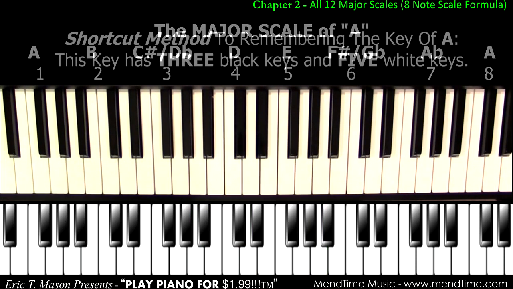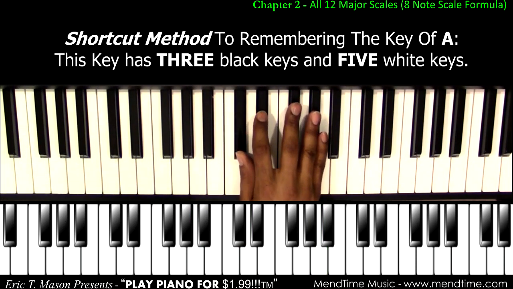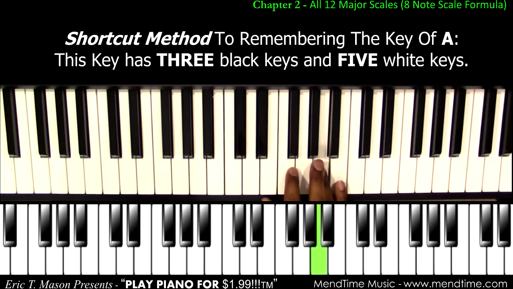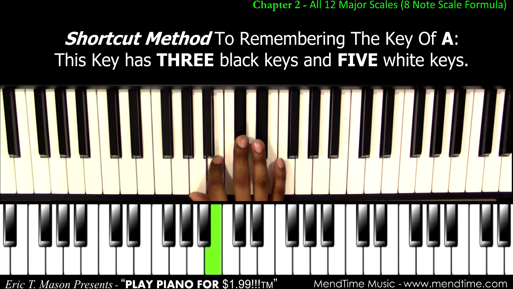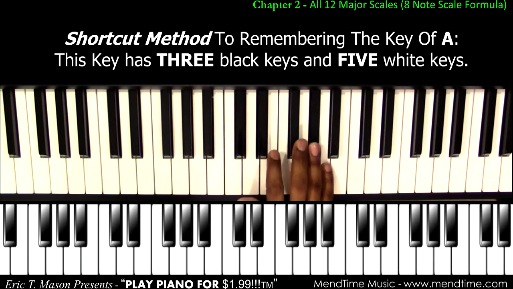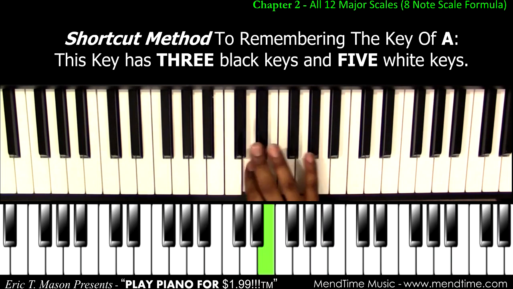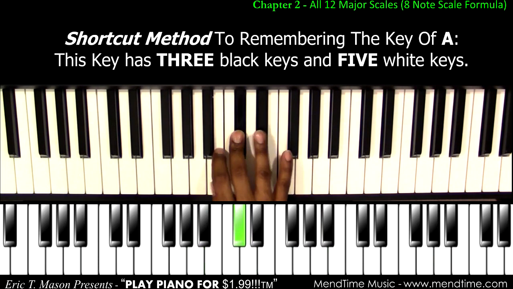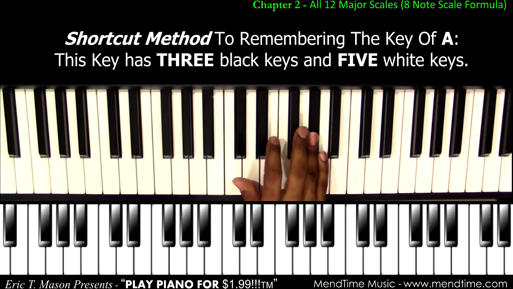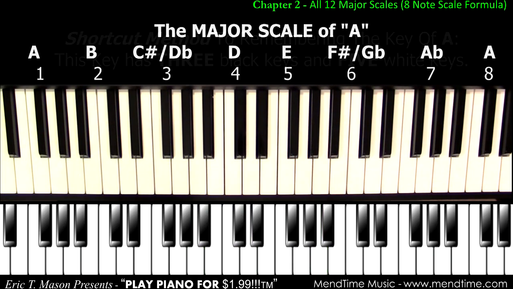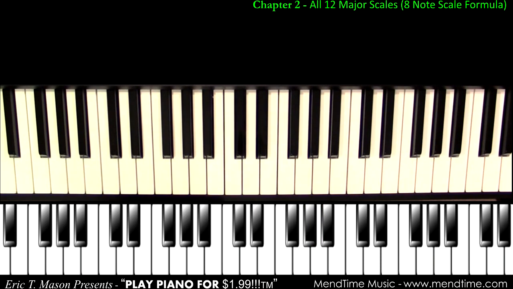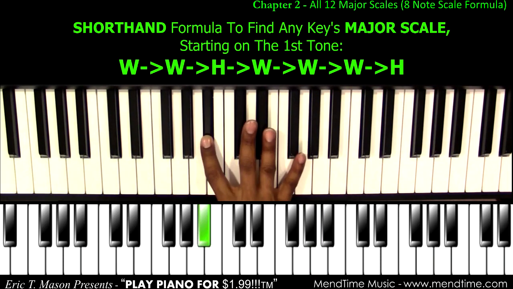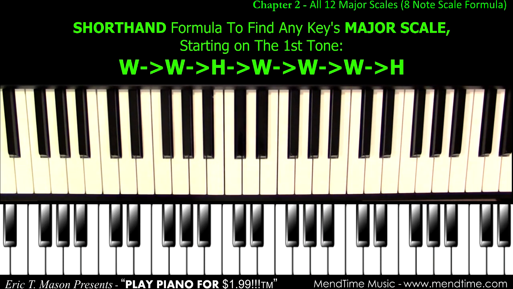And just as a point of reference, we have 3 black notes in the scale of A, and the rest are white. Now we're going to move on to, almost done, A sharp, B flat, which is going to be our next scale.